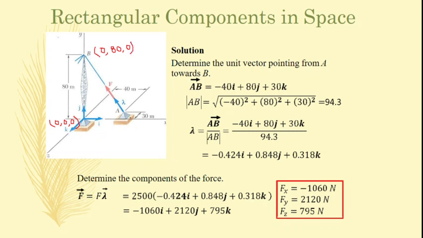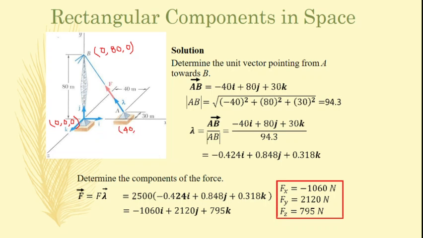Then for point A the coordinate is, from this point to this point, the displacement in x direction is 40. That's why it is 40, comma.